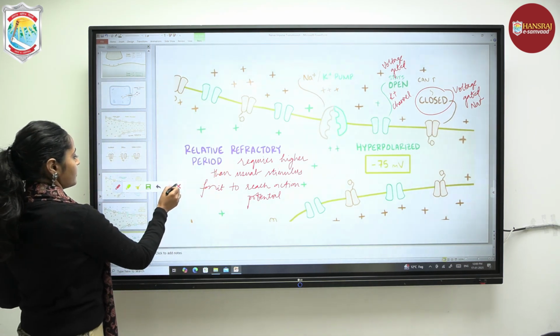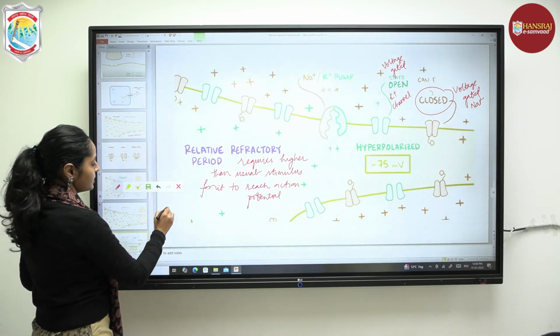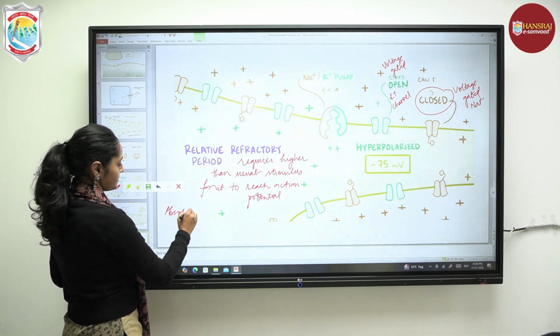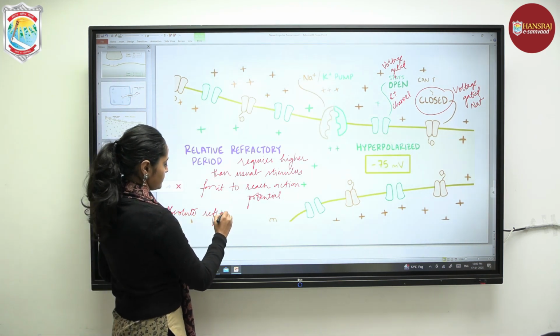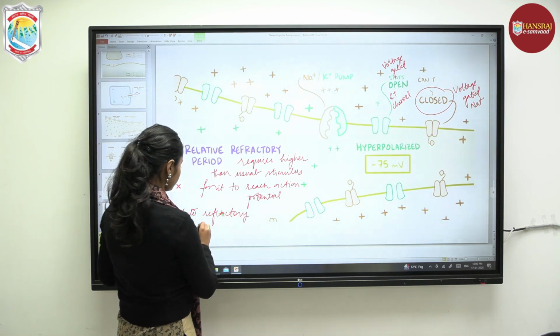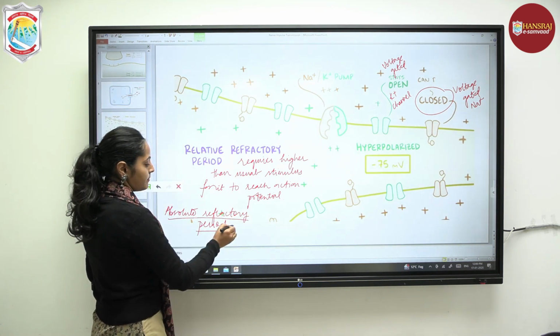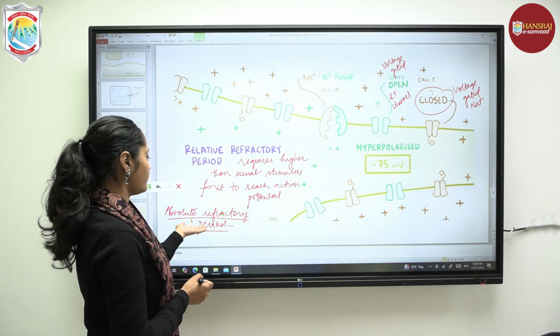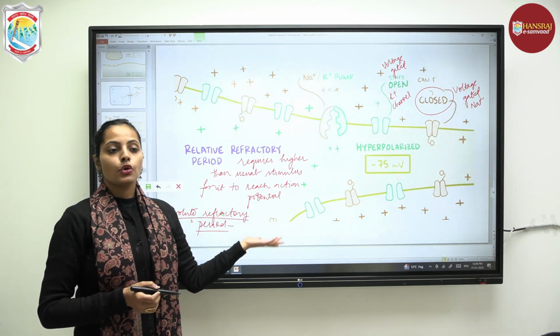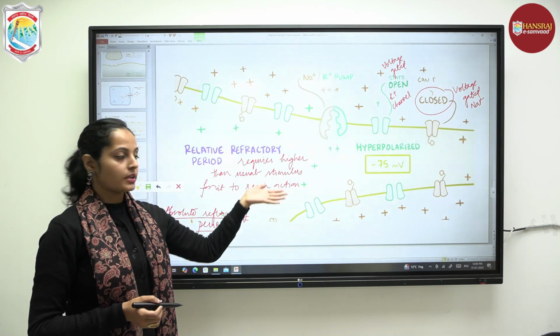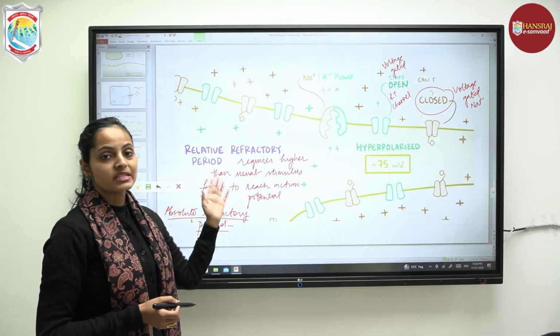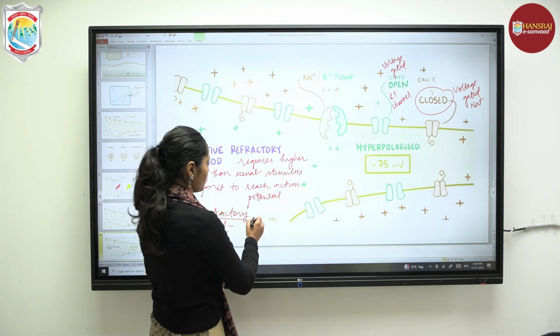There is one more term which is known as absolute refractory period. So what happens during this? At this point, as the name suggests, absolute refractory, which means it cannot be stimulated, it cannot reach action potential. Why? Because membrane is in repolarized state.